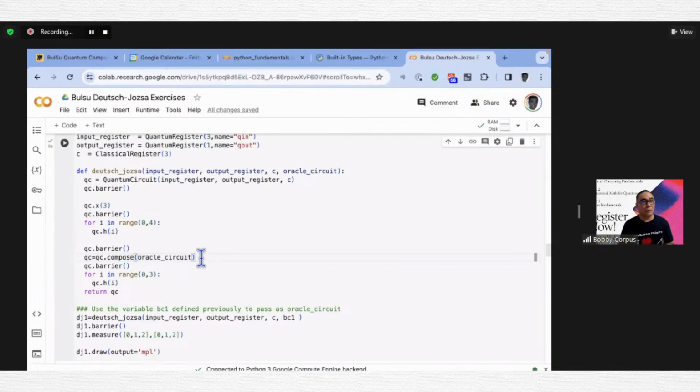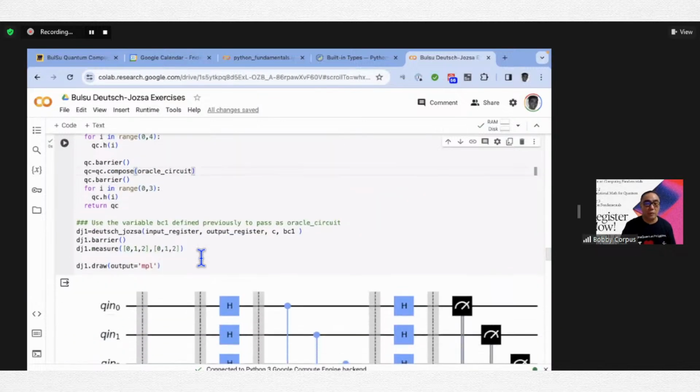It will take you in the worst case exponential time. Pero dito sa quantum computing, you only need to create the program, the algorithm ng Deutsch-Jozsa, and it will only take one invocation of the function to solve your problem, no?